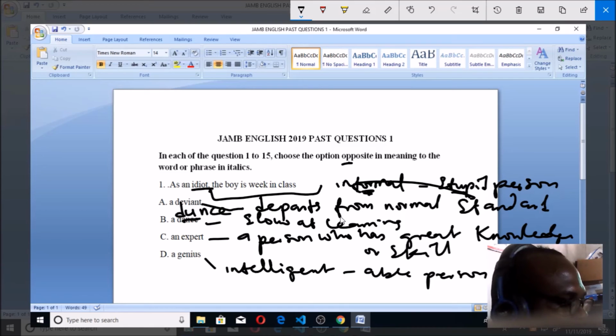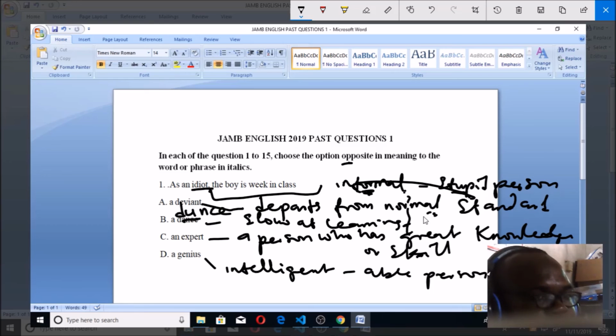So from your judgment, what can you pick as to being the opposite? This one, somebody that has great knowledge. This one, somebody that deviates from standard. That is a deviant. Whereas a dunce is somebody that is slow to learning. So you can see that a dunce and an idiot, they are very close.